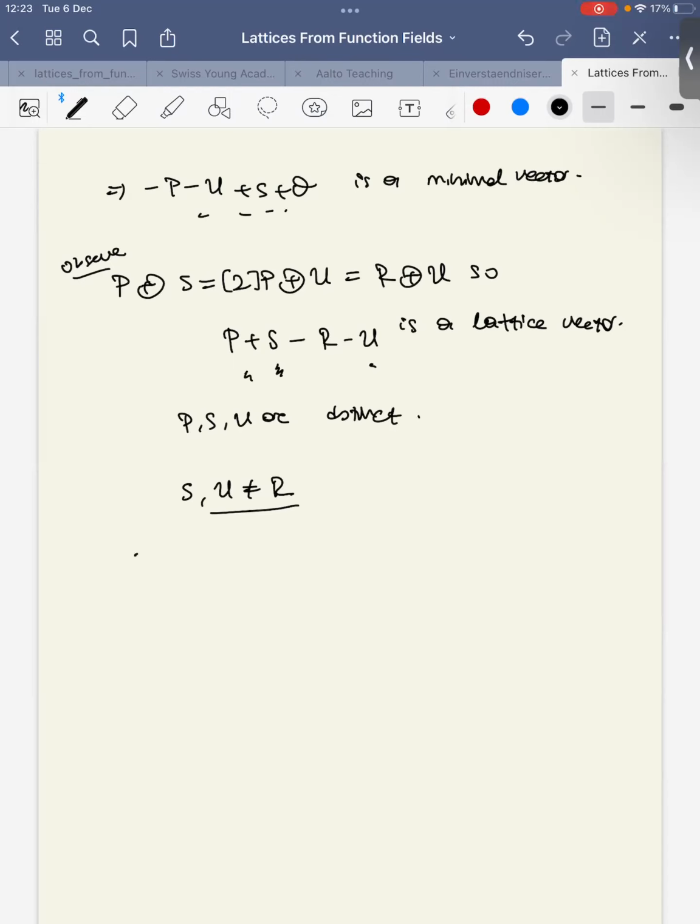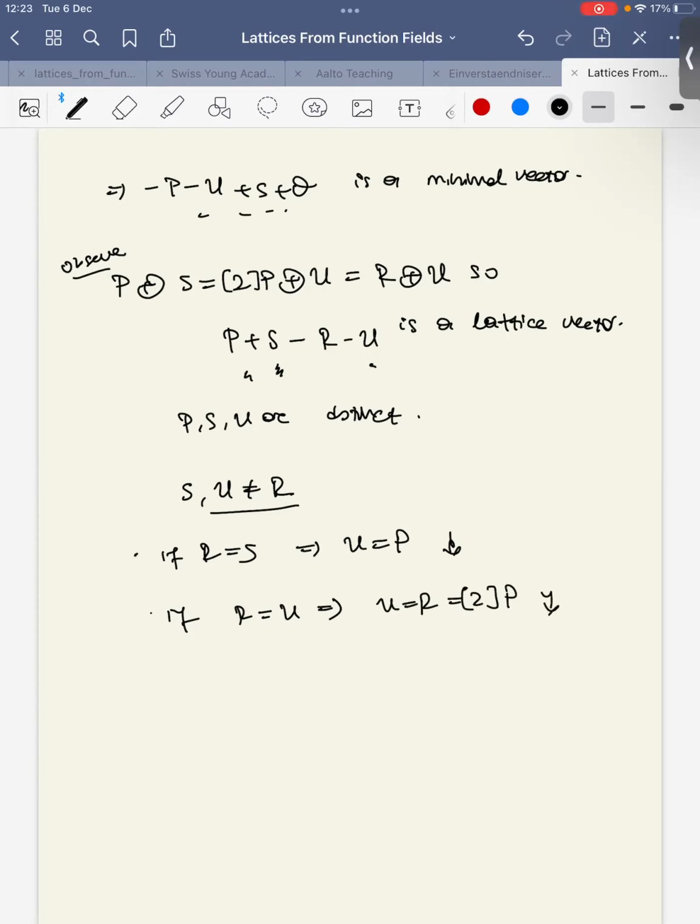We can prove it by contradiction, because if R is equal to S, then U is equal to P, which is not possible by the choice of U. If R is equal to U, then U is equal to 2P.